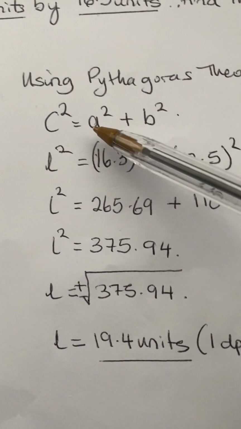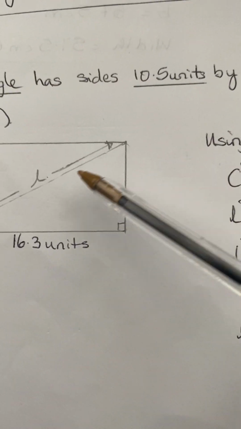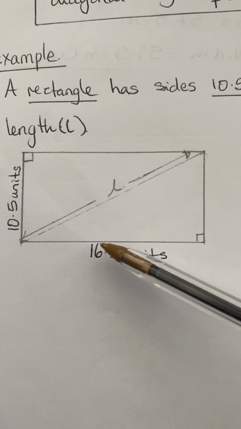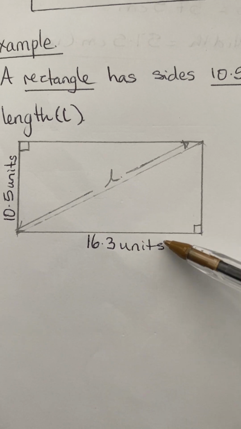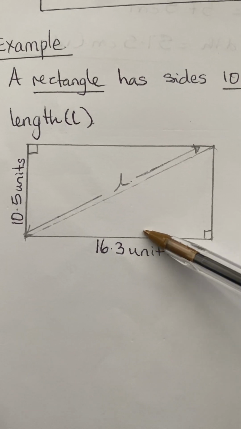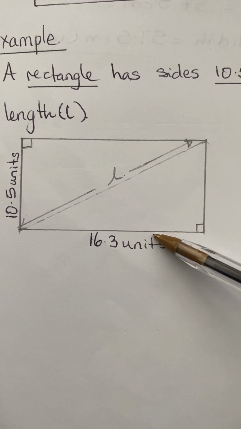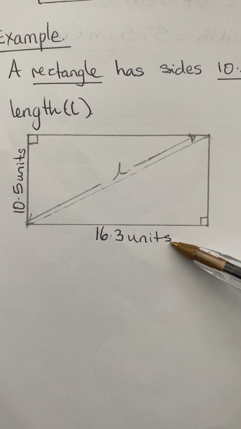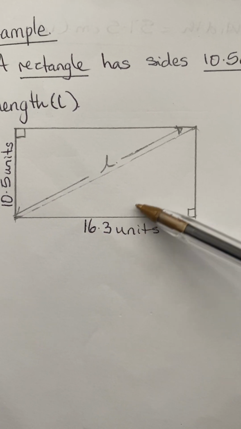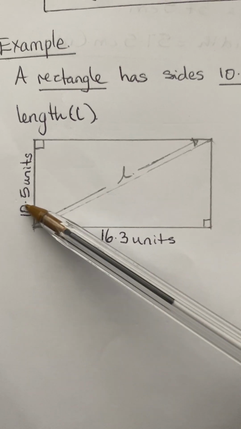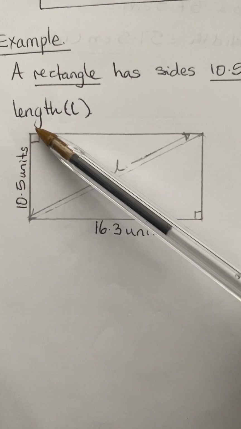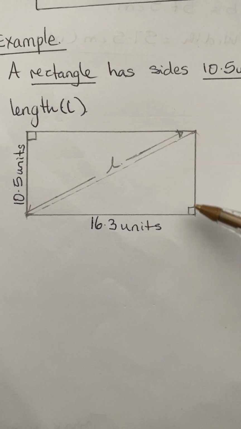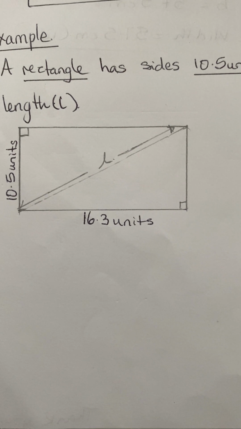So L squared will be equal to 16.3 units all squared, plus 10.5 units all squared, because from here to there is 10.5, so from there to there also will be 10.5. Our measurement is in units, so we leave our answer in units.